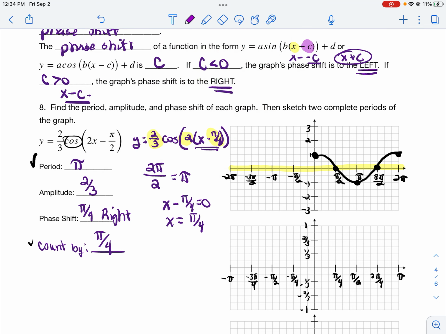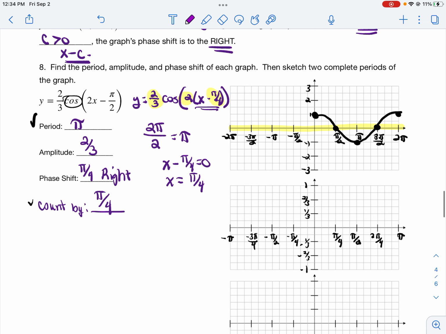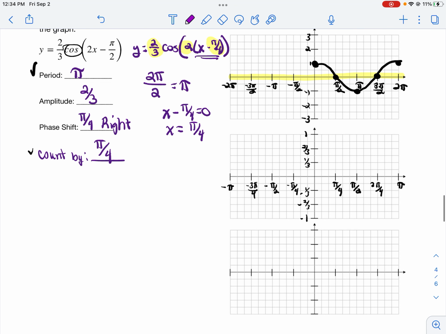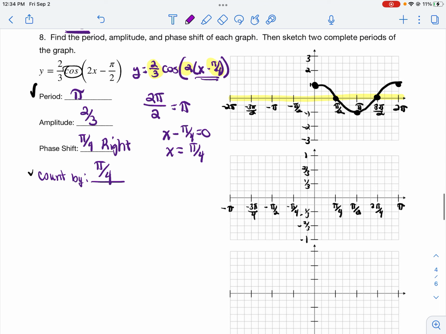Okay, remember I gave you a work graph and a final graph. So in this work graph, I'm going to do my amplitude next. My phase shift is usually my last thing I do. All right, so I'm doing the cosine graph. So our midline is at the x-axis. Remember, you're drawing these as dashed lines.